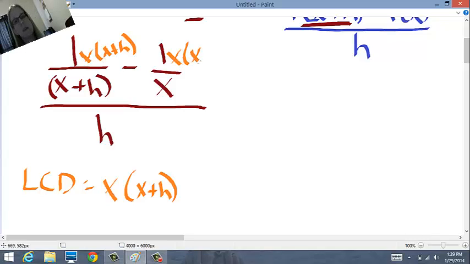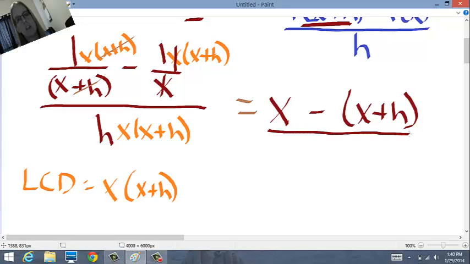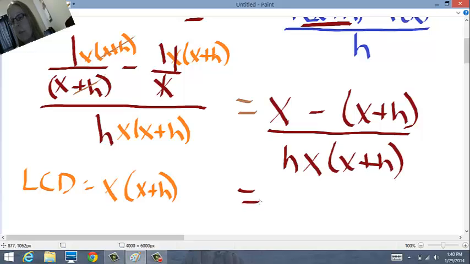So what you do is you just have to multiply everything on the top and everything on the bottom by your LCD. So that's what I went ahead and did. Multiply everything on top and everything on bottom by the LCD. Then each fraction separately is going to go ahead and have something that cancels. So your x plus h canceled, and then your x canceled. On the bottom, nothing canceled because there was no fractions on the bottom, so everything is just still there.